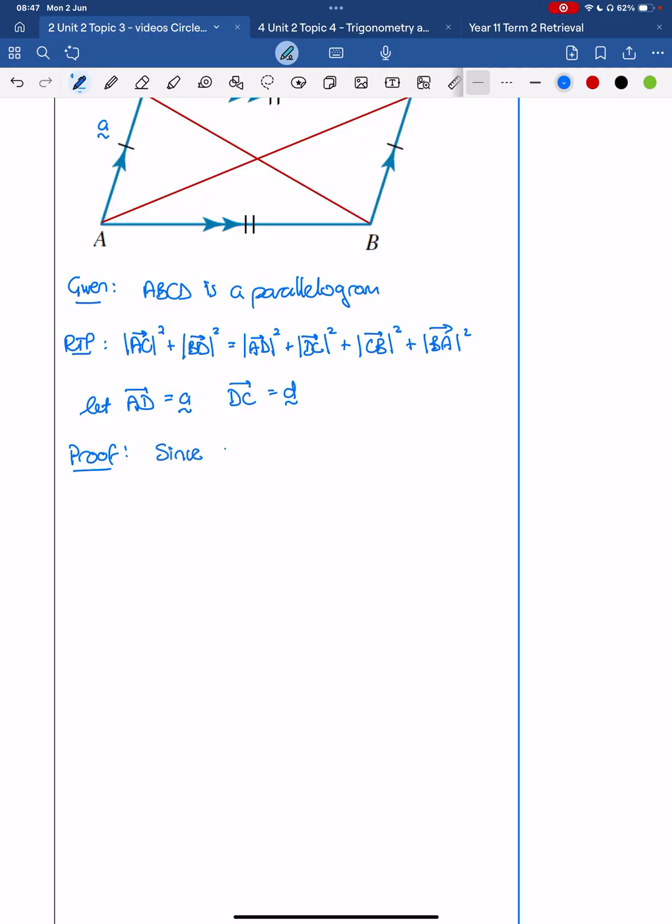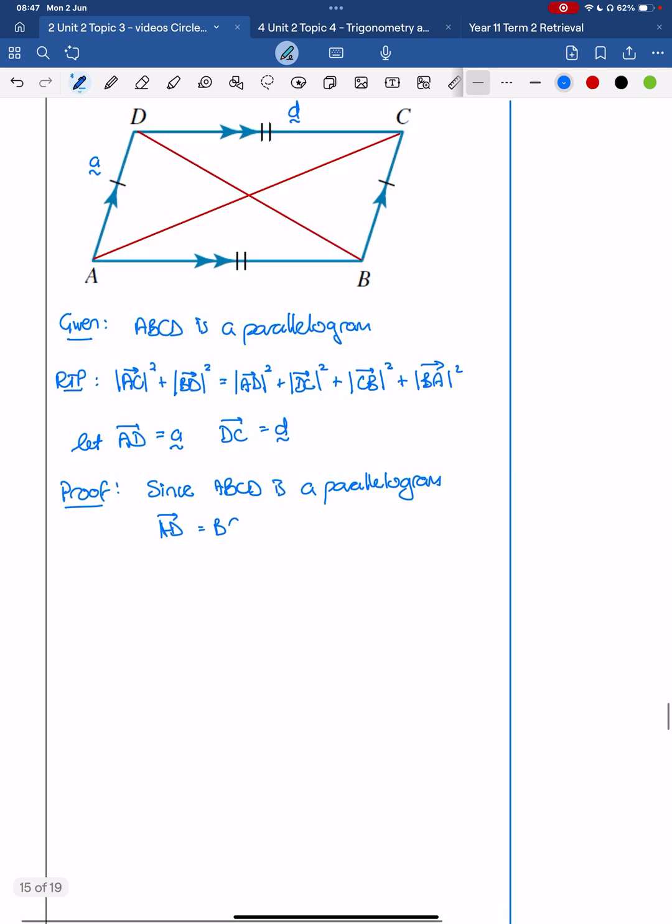Since ABCD is a parallelogram, I know that AD is equal to BC, which is equal to a, and I know that DC is equal to AB, which is also equal to my vector d.